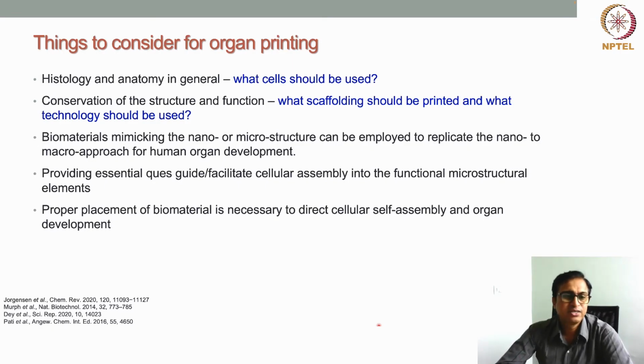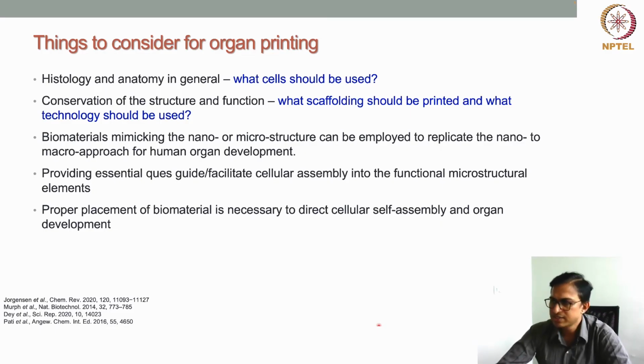But certain essential cues are required to guide or facilitate that cellular assembly so that particular functional microstructural elements of an organ or tissue development become possible. So this is another thing where biomaterials can help to provide that guidance for the cellular assembly.